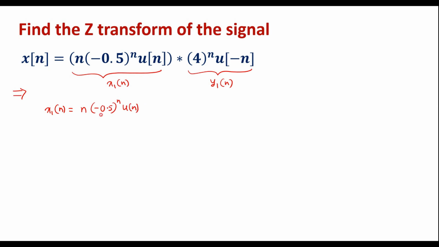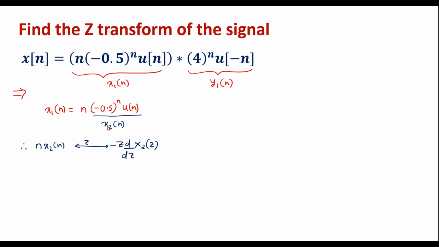So here let me consider this signal as x2 of n, because we know that n x2 of n, its Z transform will be minus z d by dz x2 of z. So here we have x2 of z. x2 of z is the Z transform of x2 of n.